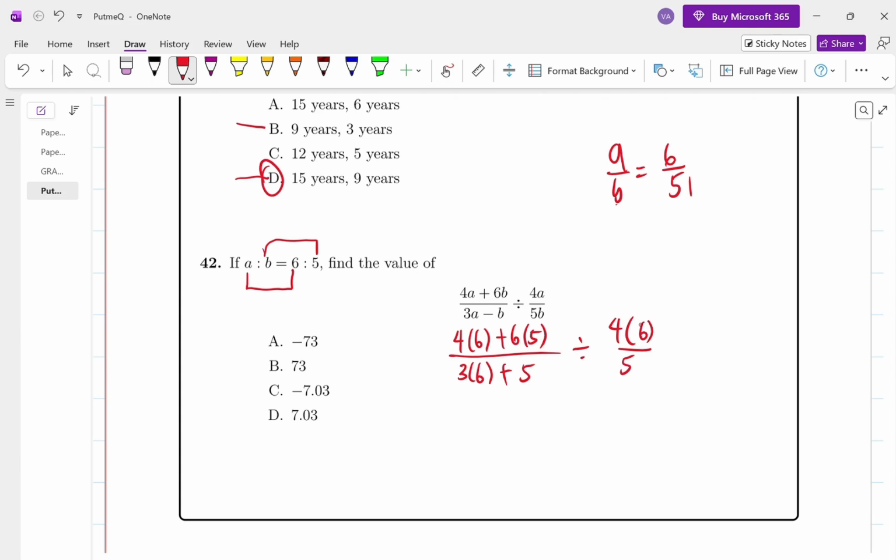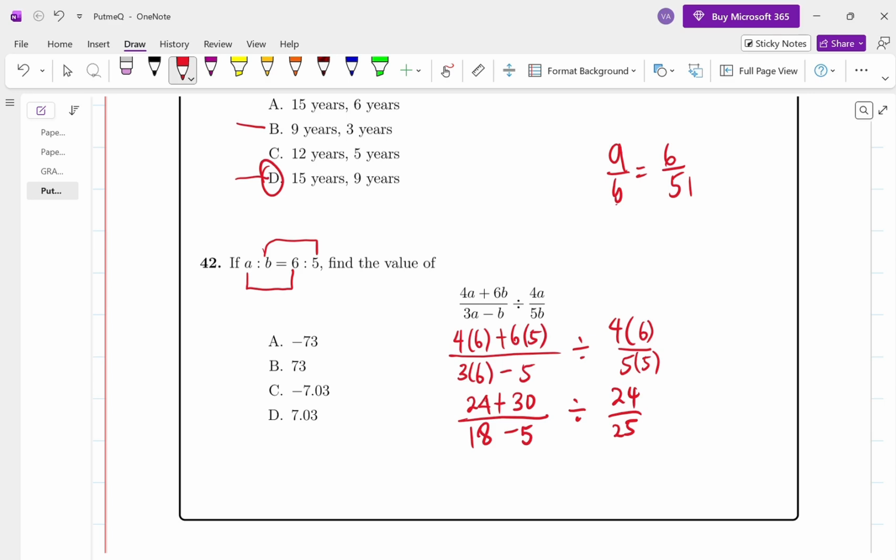So this will be 24 plus 30, divided by 18 minus 5, divided by 24 over 25.